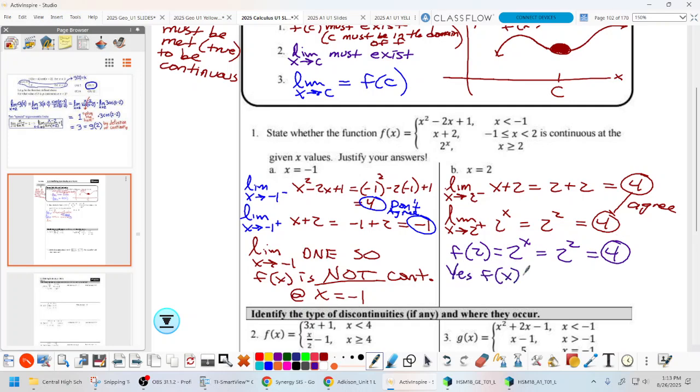f of x. Now, you guys remember early on in this course I told you to use NUT: name, unit, time, when you're analyzing? So name, I just wrote f of x. Unit is irrelevant in this one because we don't have any. But the time is where this occurs. So yes, f of x is continuous. What comes next?